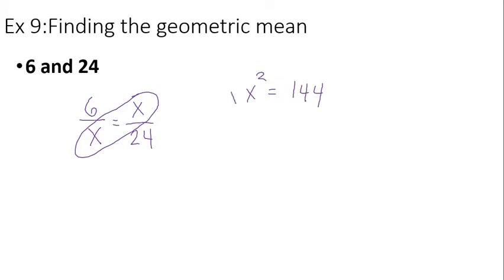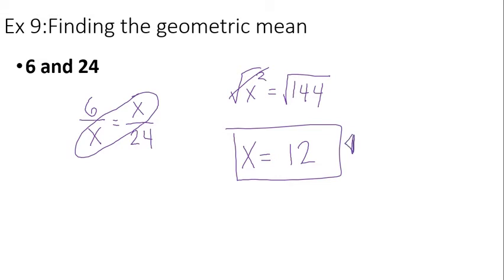So I'm going to take the square root of it. X and square root cancel each other out, eliminate each other. Now square root of 144, that's going to be 12. So this right here is my geometric mean.